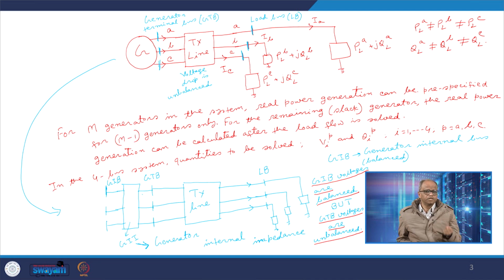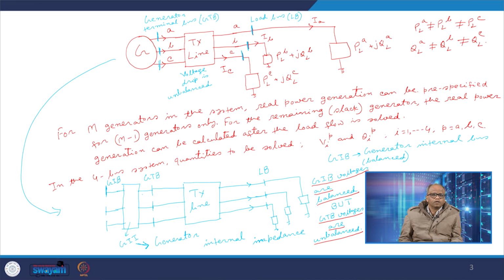So internal bus, please note, we do not have any physical access to this internal bus. It is just a kind of mathematical construction. I mean, this is a kind of pseudo bus, which you imagine that essentially there is some bus. We can say that this is a virtual bus.